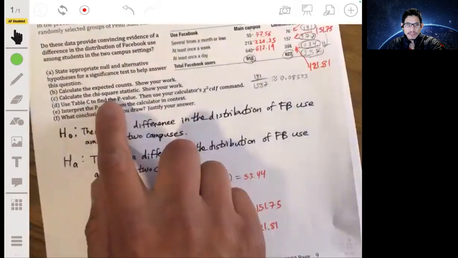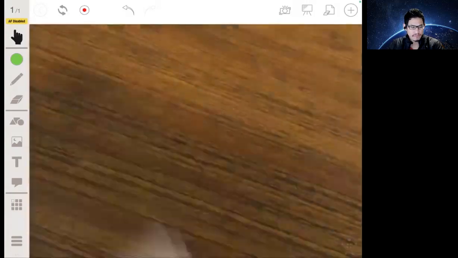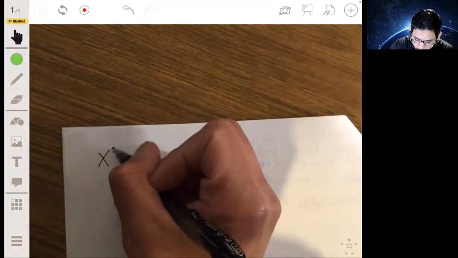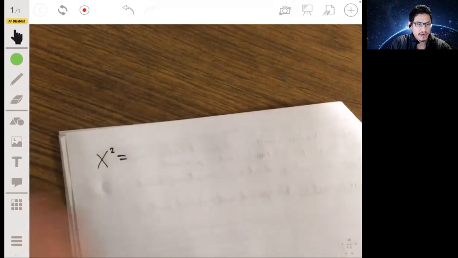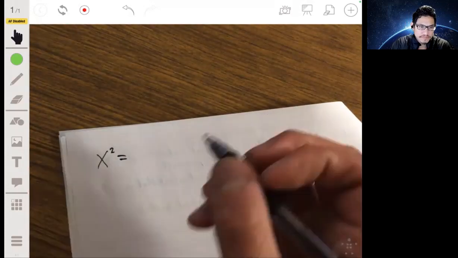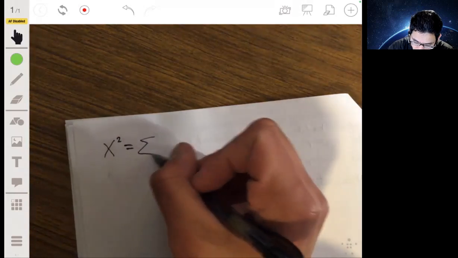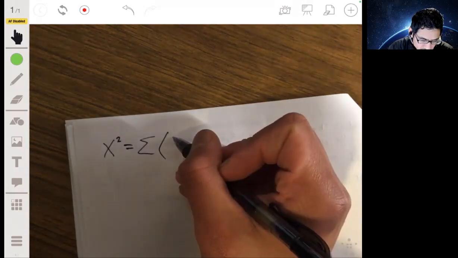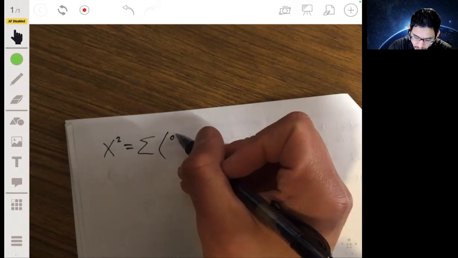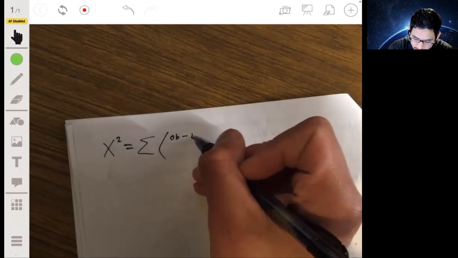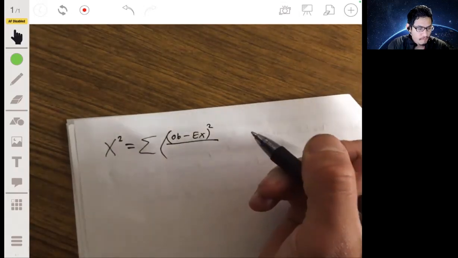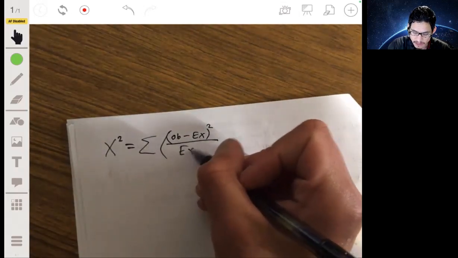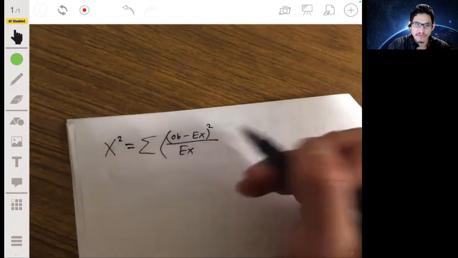Now let's calculate the chi-square statistic. So remember, this is simply the sum of the observed counts minus the expected counts, squared, over expected for each of the values.